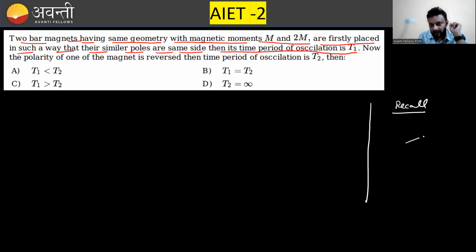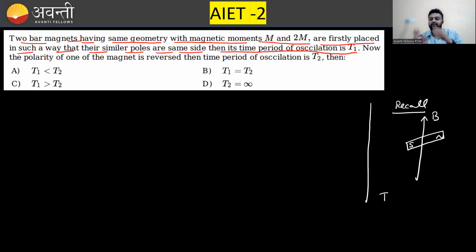So let's suppose this is a bar magnet. Let's suppose this is the South Pole, this is North. And this bar magnet is placed in an external magnetic field, let's suppose B. This is the external magnetic field. This external magnetic field will try to rotate the magnet.